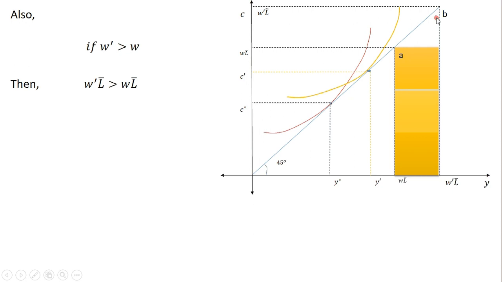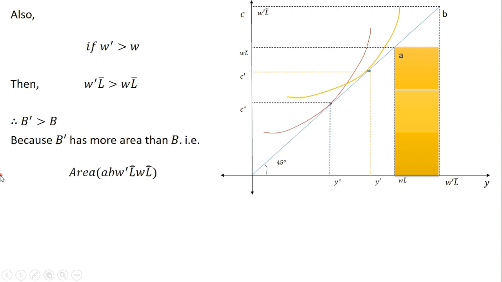A, B, W dash L bar and W L bar is the area that we have gained in this experiment. So our new budget set, B dash, is greater than B, because B dash has more area than B.